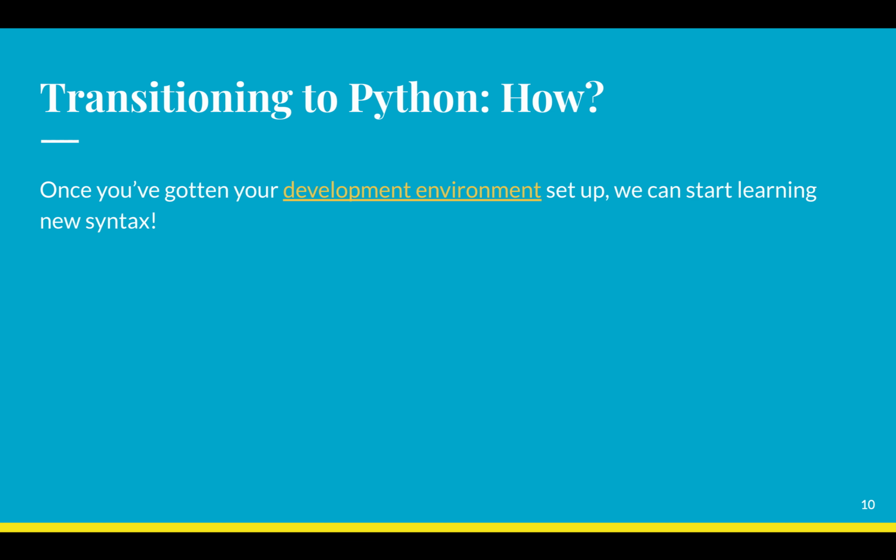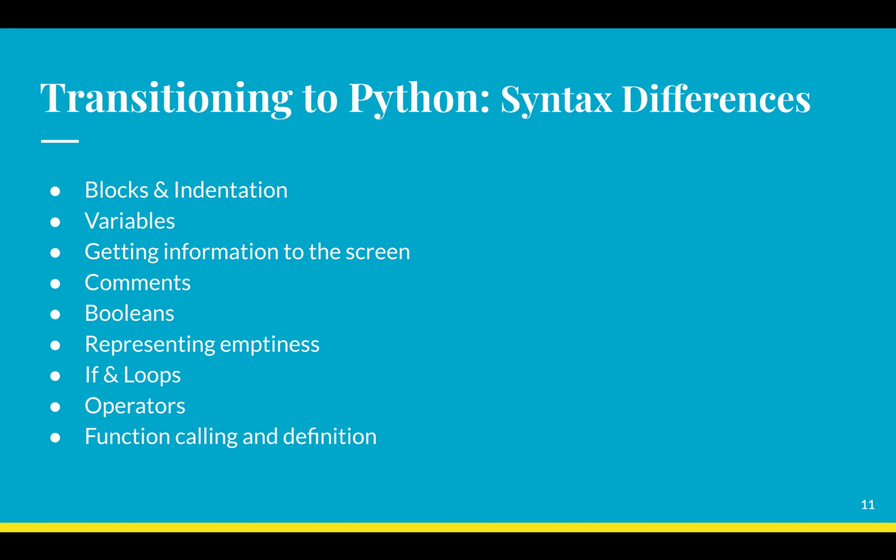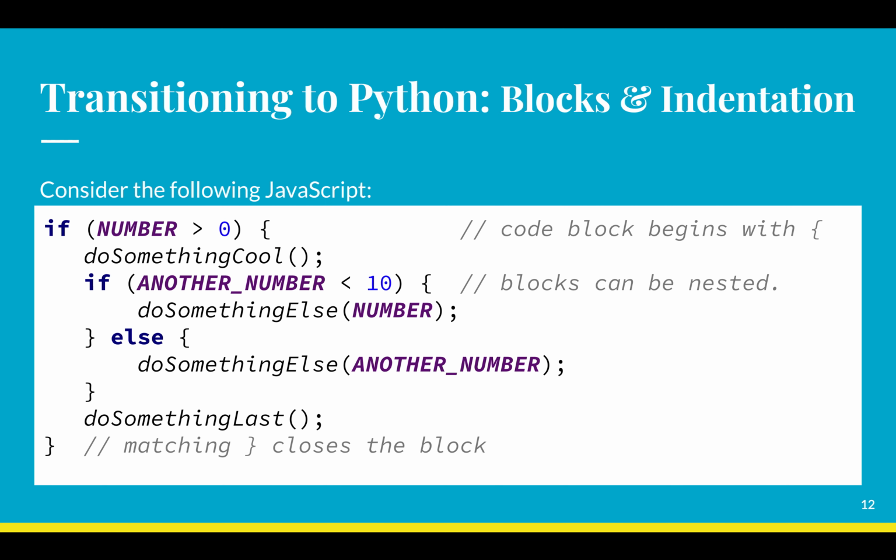All right, so once you have your development environment set up, again, we have instructions up on the course website, we can start learning some new syntax. The first difference between Python and JavaScript is regarding blocks and indentation. In JavaScript, we have curly braces that denote blocks. The indentation also exists, but it's more a function of style than functionality.